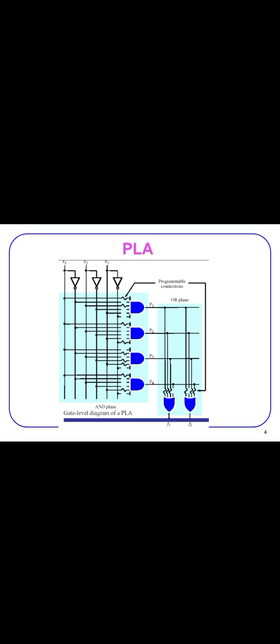This is the circuit diagram for PLA, using the AND gates and OR gates. Then this is the Boolean expression with the help of PLA, where we can write the equations using the AND gates and the OR gates. Given are two Boolean functions in SOP form, the sum of products.